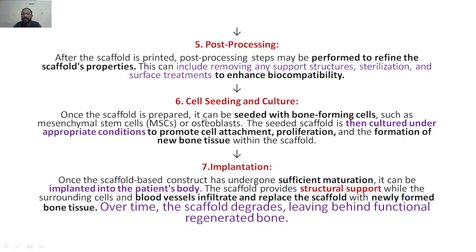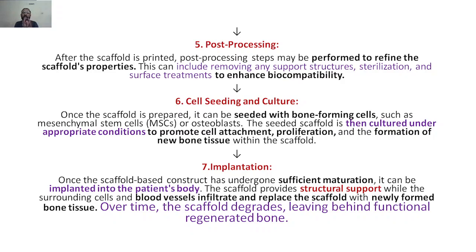Because these are the major cells present in bone, and we are preparing bone, right? So mesenchymal cells and osteoblasts can be added inside the extracellular matrix or scaffold. The scaffold is there, and inside it we need to grow those cells, the mesenchymal and osteoblast cells, because they are the cells present in bone.